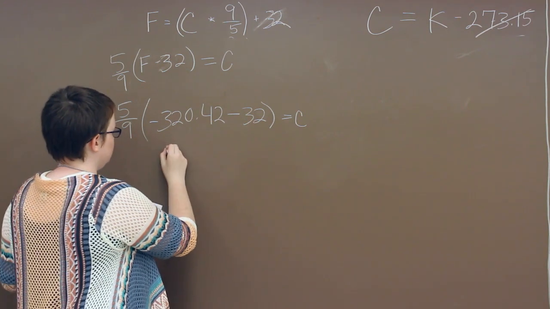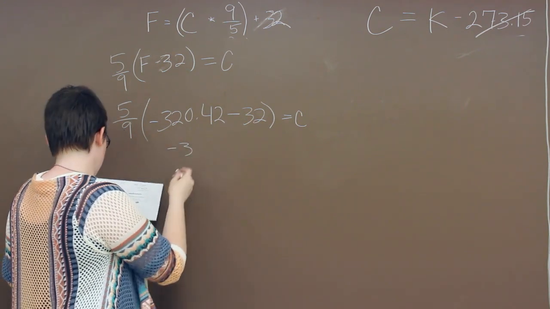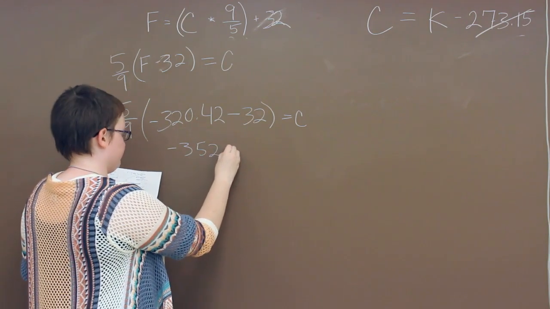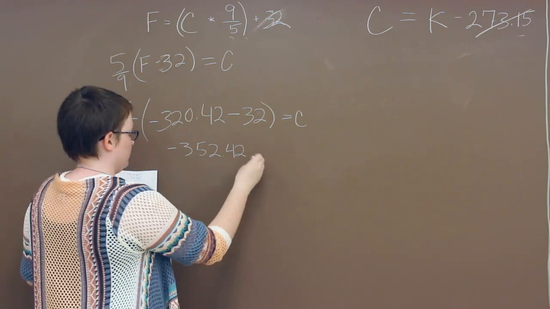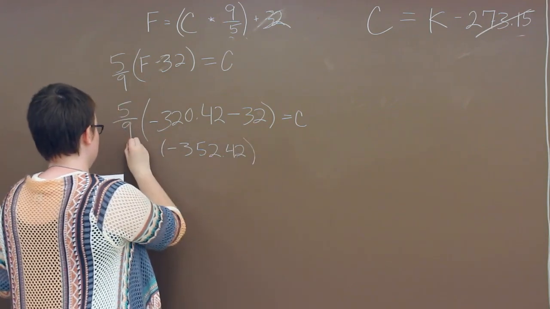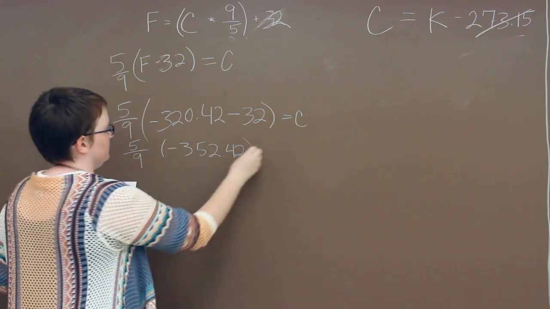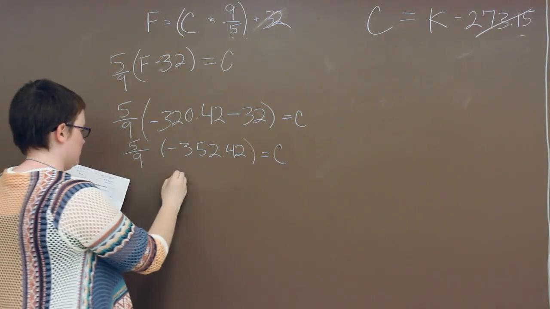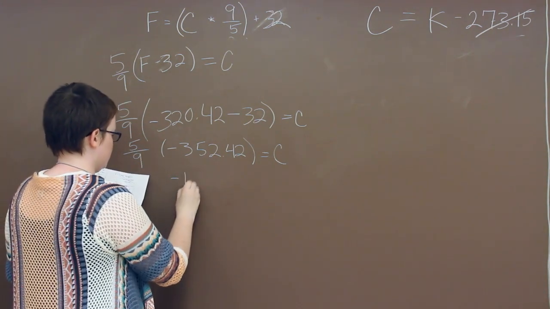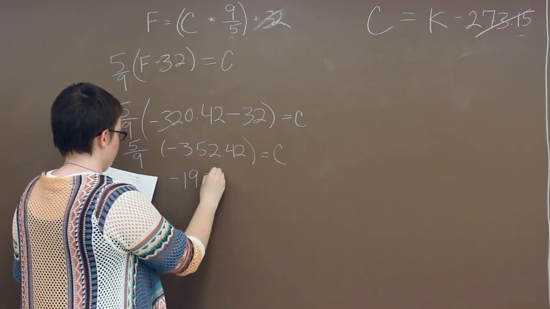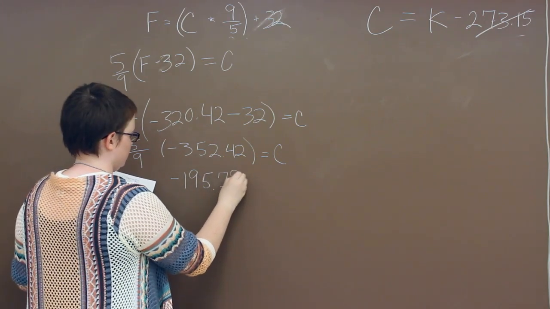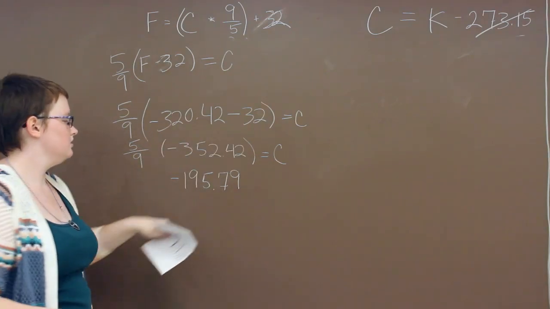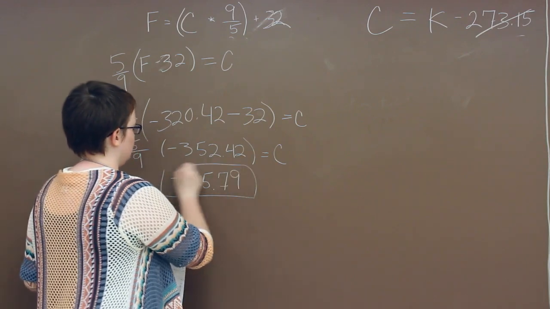That should give us negative 352.42 times 5/9. So if we multiply by 5/9, then our temperature in Celsius is negative 195.79. And because we started with 2 decimal points here, there's 2 decimal points here. So that's our final answer in Celsius.